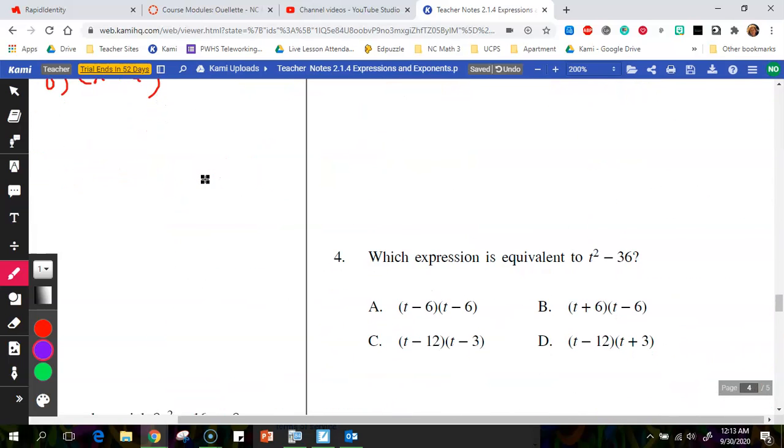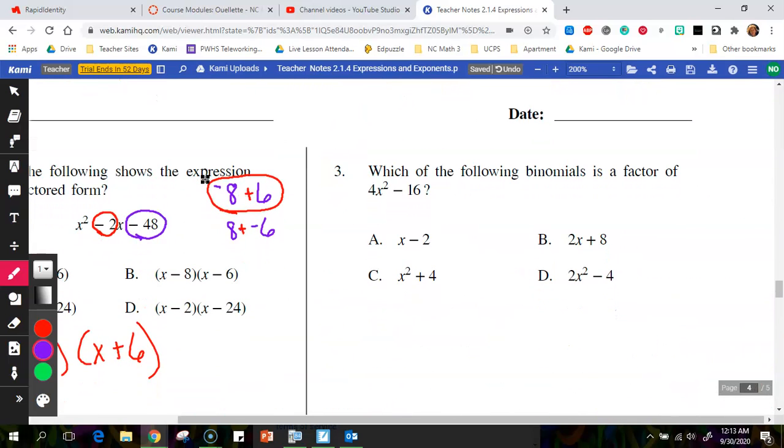3 is over here. Okay, so number 3, I can actually kind of do the same thing. I can take out a 4 here, but I don't want to because it's not going to match one of these. This is the difference of 2 squares, though.